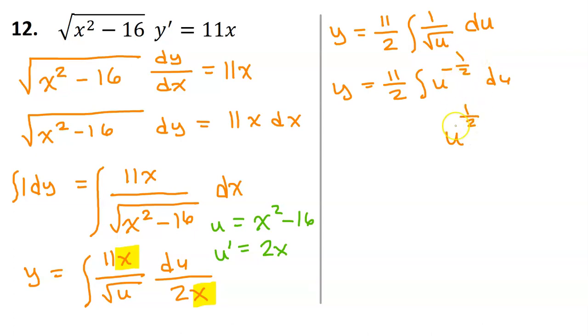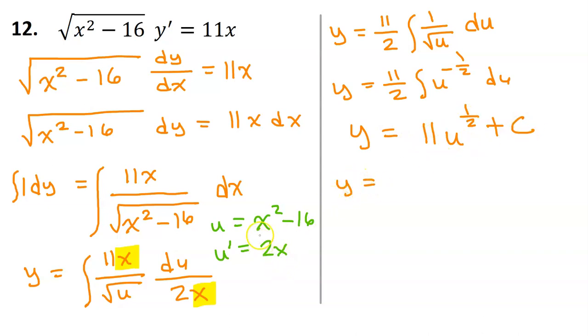And then we will divide by the new exponent. Dividing by 1/2 is the same thing as multiplying by 2. If I multiply 11 over 2 by 2, the 2's cancel out, and I just get 11. And don't forget the plus c. So we have y equals 11 times u to the 1/2 power plus c.